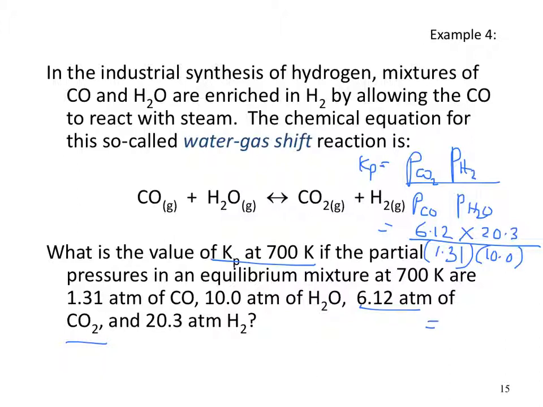Realize all of these contain 3 sig figs, so we are going to get our final answer in 3 sig figs as well. So I'm going to just punch in the value on my calculator, and the answer comes out to be 9.48 is the value of Kp that we obtain.